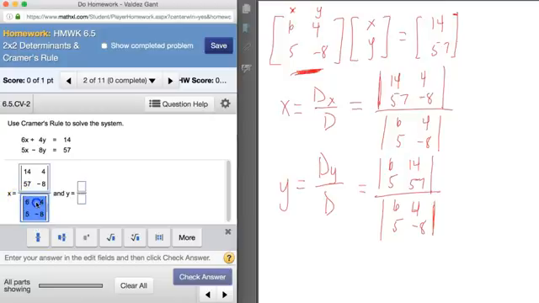And we'll go ahead and copy this because that's going to be the same thing that's there. And then here we'll just change this to 14, and this number here will be 57. So this is how we would set up Cramer's rule to be able to solve for x and y.